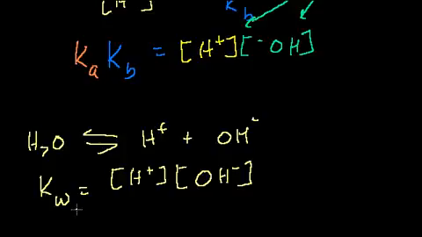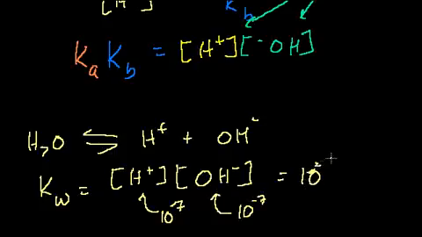And we already figured out what this was. If we have just completely neutral water, this is 10 to the minus 7, and this is 10 to the minus 7, so this is equal to 10 to the minus 14.